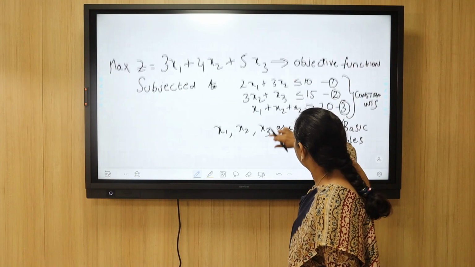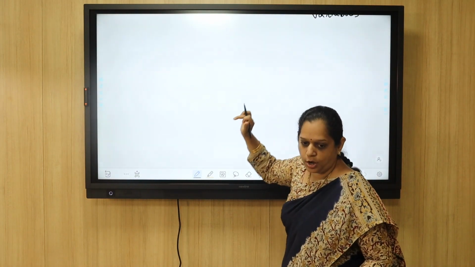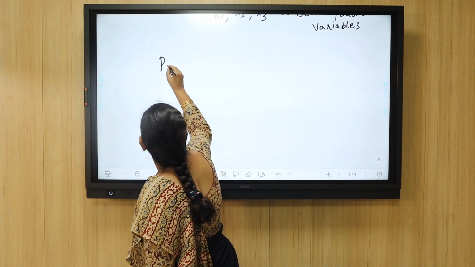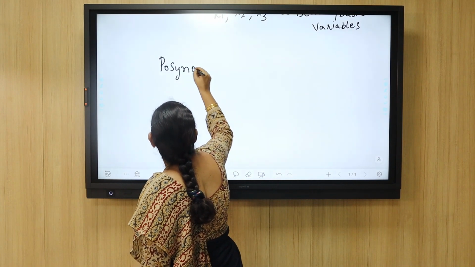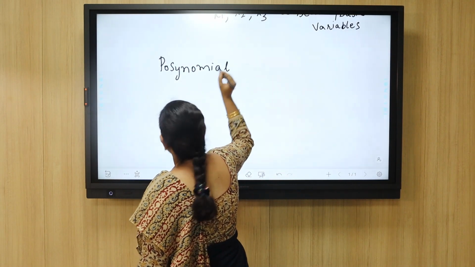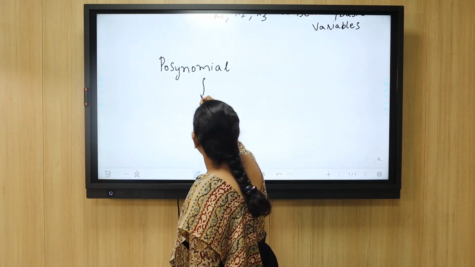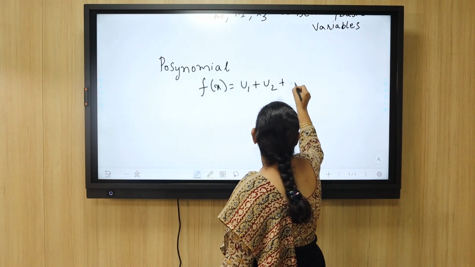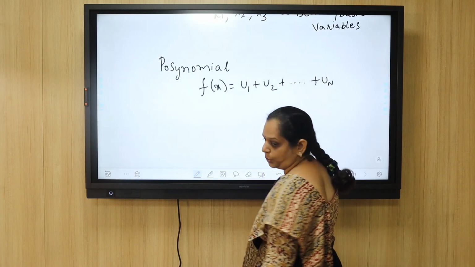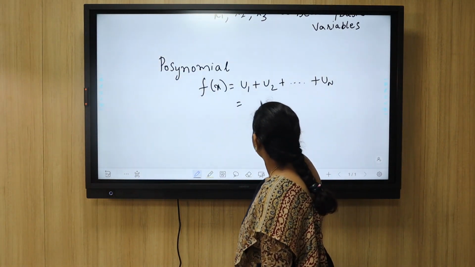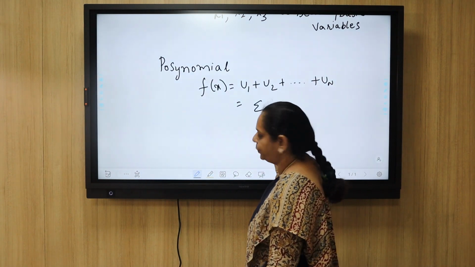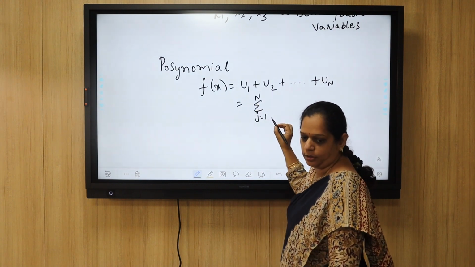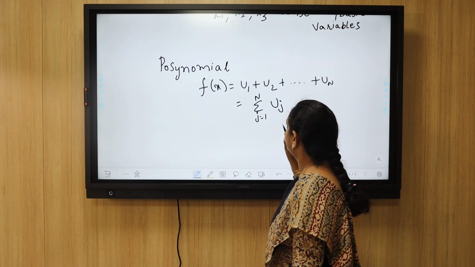What is a polynomial? A polynomial is a function f of x equal to u1 plus u2 plus so on plus un, that equals sigma j equal to 1 to n of uj.